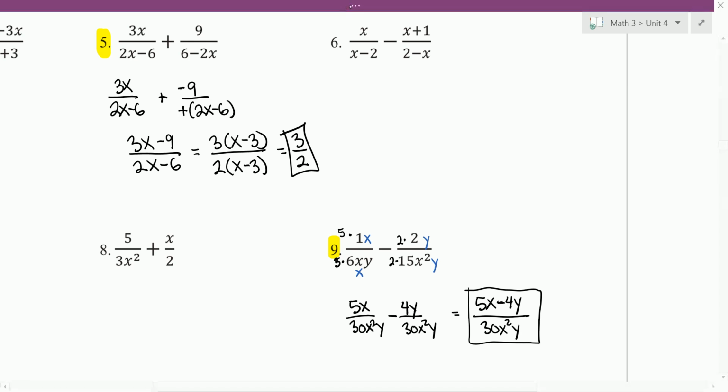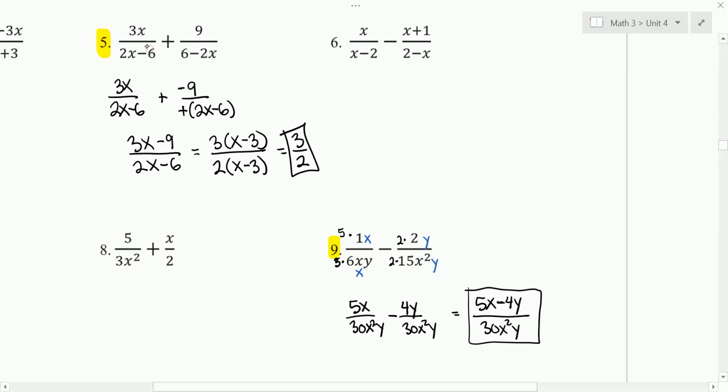Going back to number 5, remember we can't divide by 0, so that 2x minus 6 can't equal 0, which means 2x can't equal 6, which means x cannot equal 3.